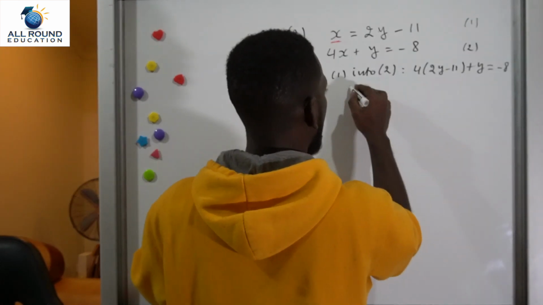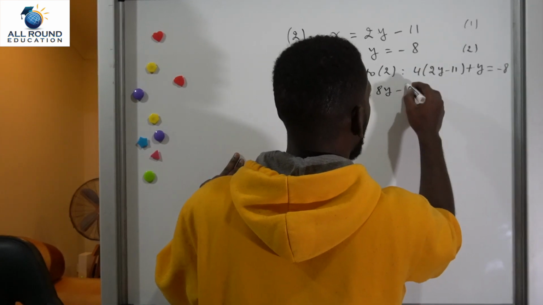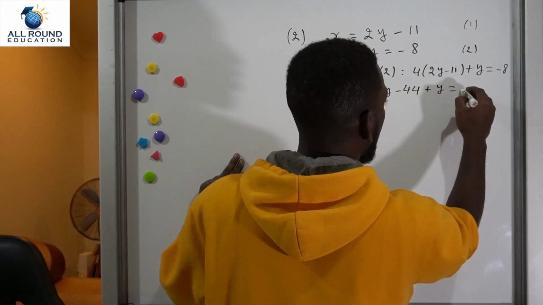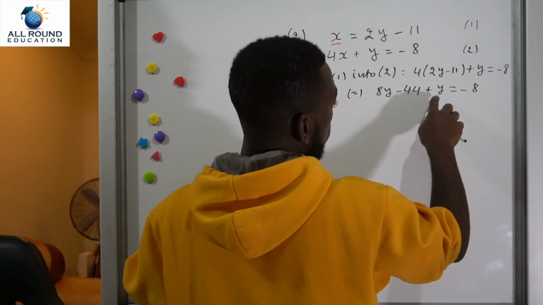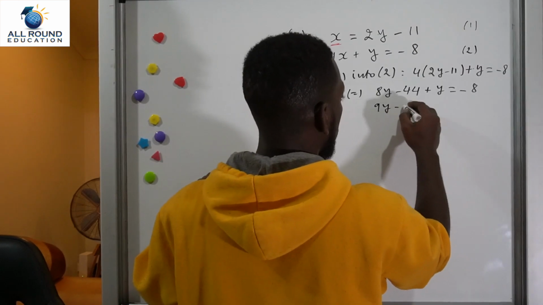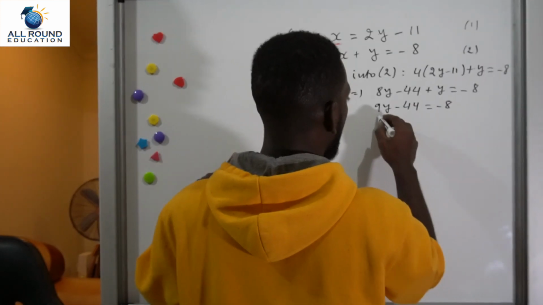And then on my next line, I'm going to expand this to be 8y minus 44, plus y equals negative 8, and then here 8y plus y is just 9y minus 44 equals negative 8.